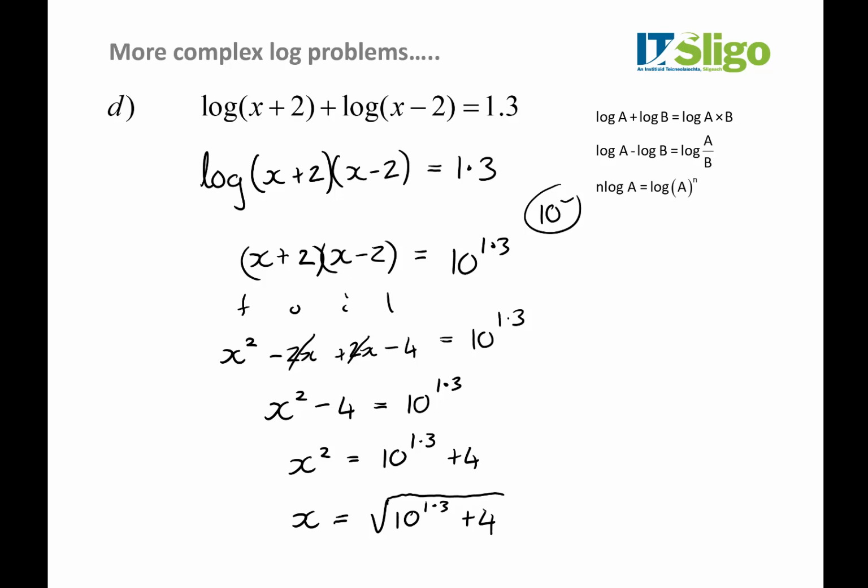Plus 4. Square root of 10 to the power of 1.3 plus 4. And we end up with x is equal to 4.8941.